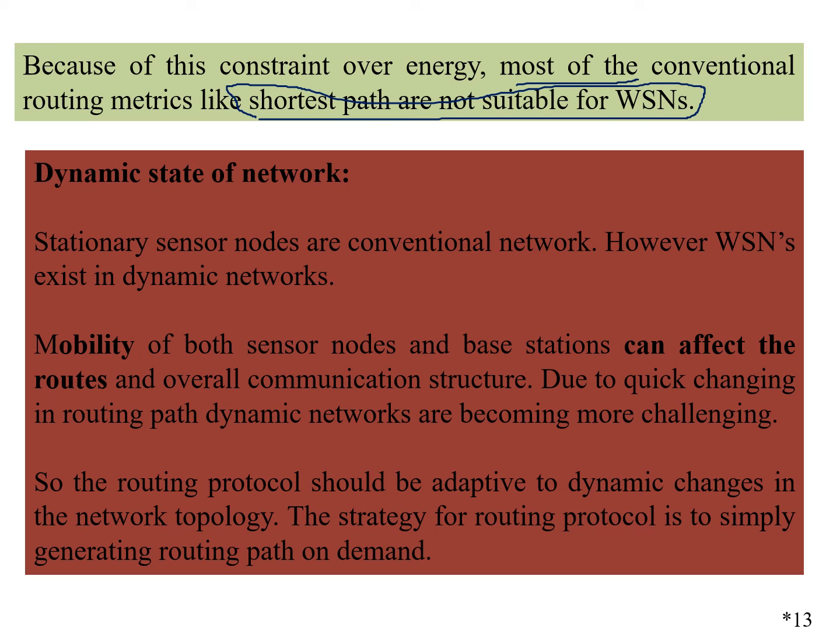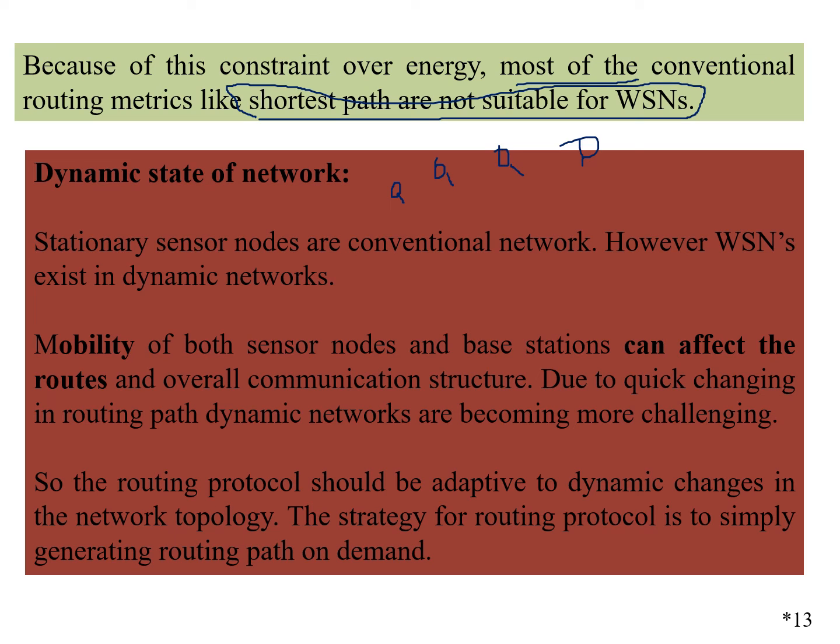Dynamic state of network. Another thing that gives us a challenge is that in conventional networks the nodes are static. Static means in spatial perspective, they will not change their place.